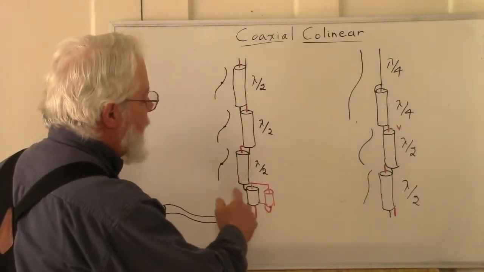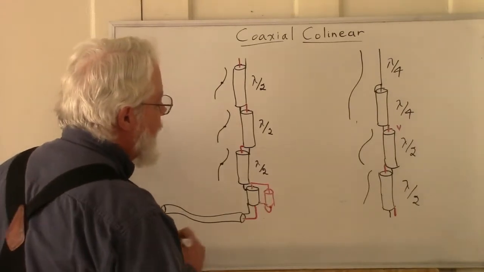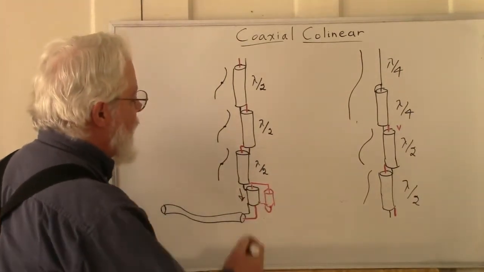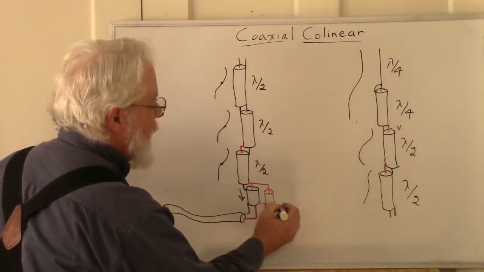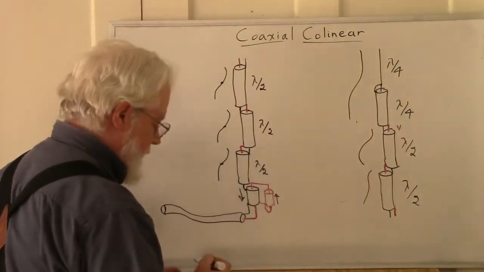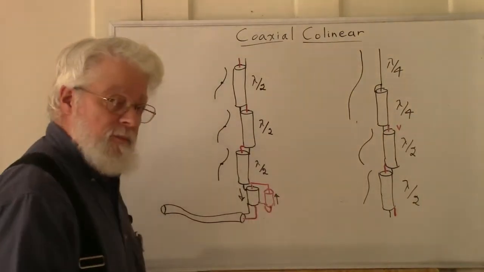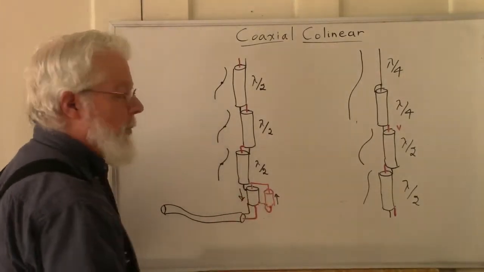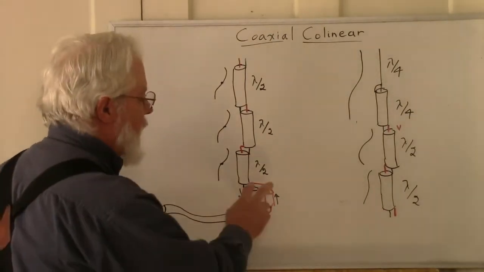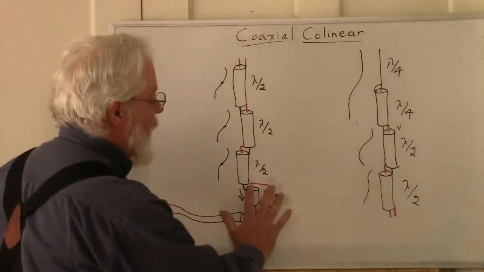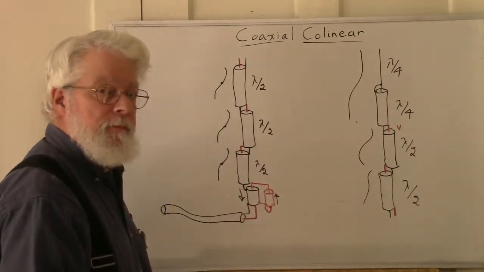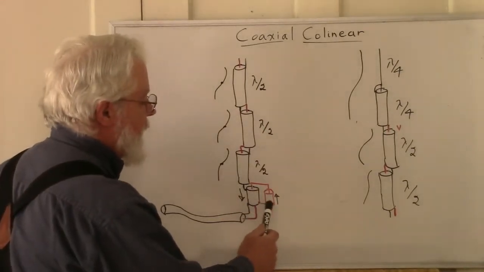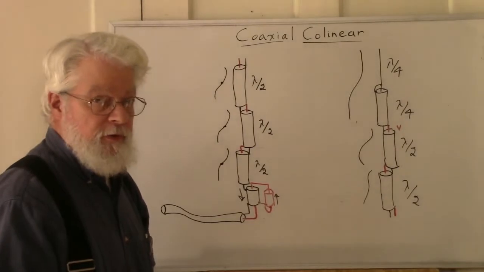However, any current attempting to flow on the shield here will induce a current flowing the opposite way in the other shield of this section of coax. So this constitutes what looks like a piece of open wire line, a quarter wavelength long, which is open at the top. Being open at the top, it appears as a dead short at the bottom, which it is.